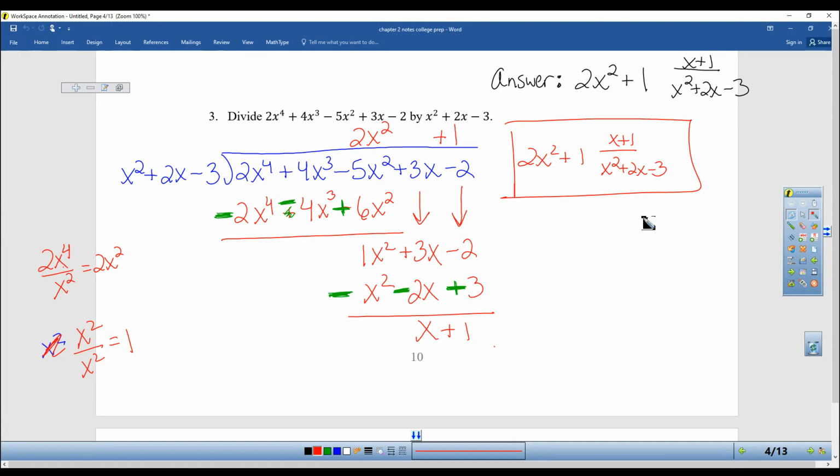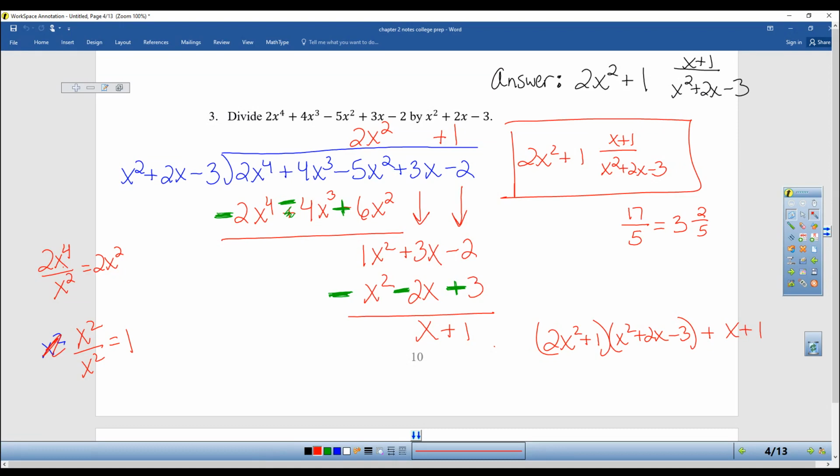In the same way that if you had 17 over 5, you would write that as 3 wholes, and then 2 what? 2/5, because that's what you're dividing by. So since you're dividing by x squared plus 2x minus 3, that's what goes in that part of it. Again, if your book writes it as 2x squared plus 1 times x squared plus 2x minus 3, you do not have to do this, but don't let it throw you either.